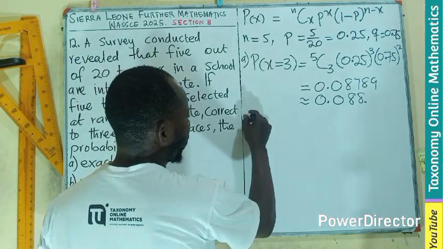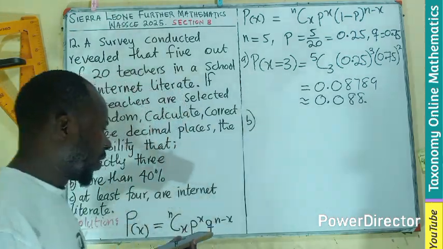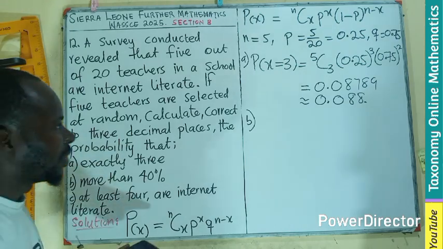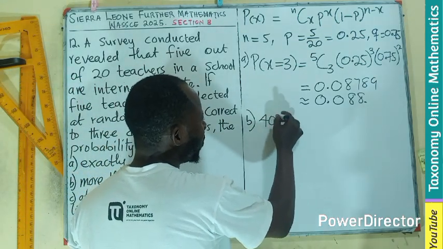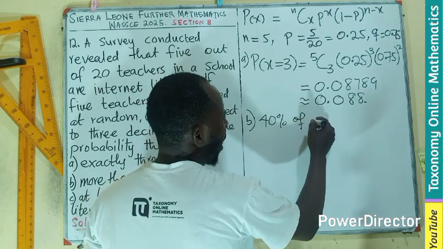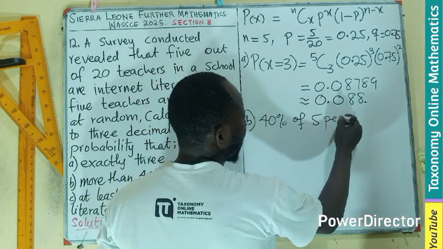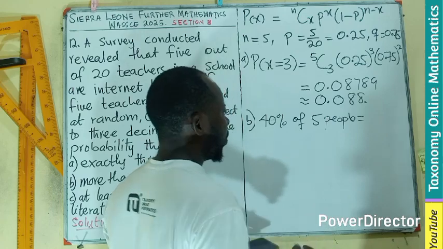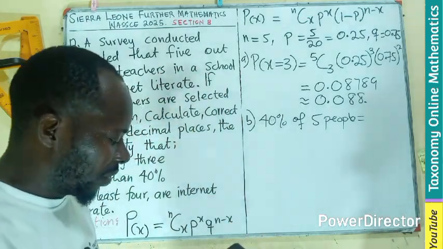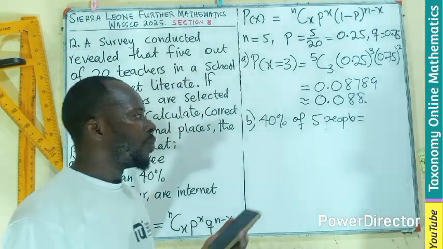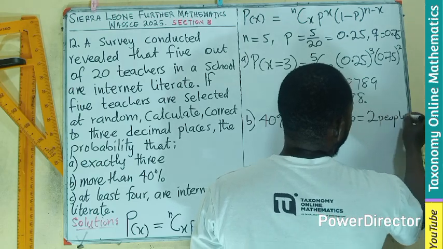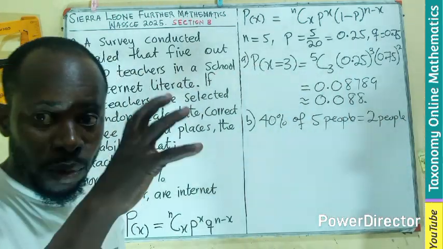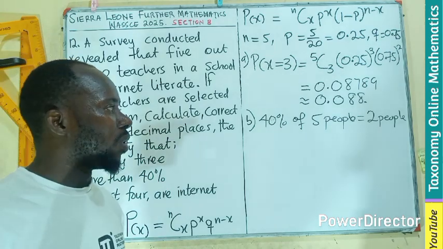Then let me go for the B part, which is looking for more than 40%. Let's find 40% of how many people we are selecting. We are selecting 5 people. So 40%, which is 0.4 times 5, gives you 2.